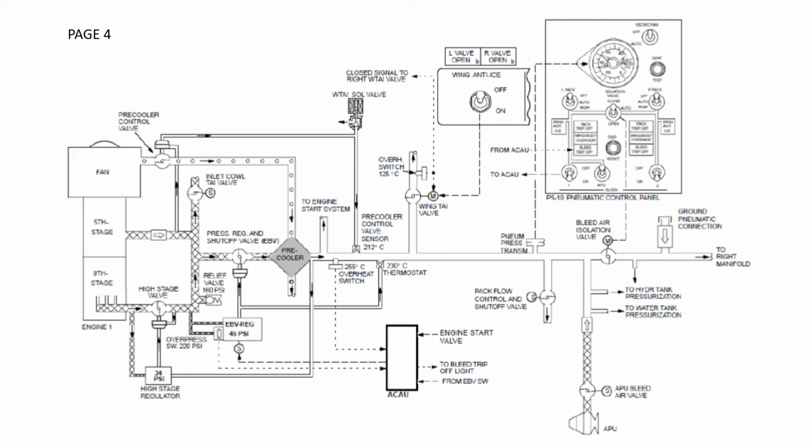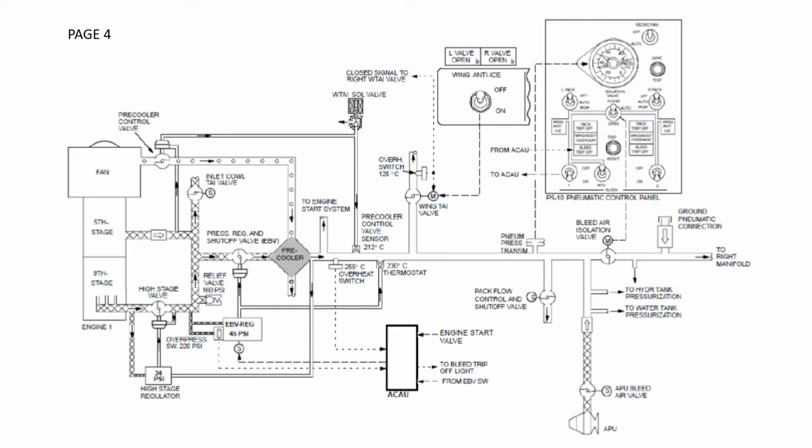That has the effect of making the PRSOV not fully close, but move towards a more closed position. That reduces the airflow going through the pre-cooler and will hopefully arrest the overheating before it gets to the critical point, which is 255 degrees C.